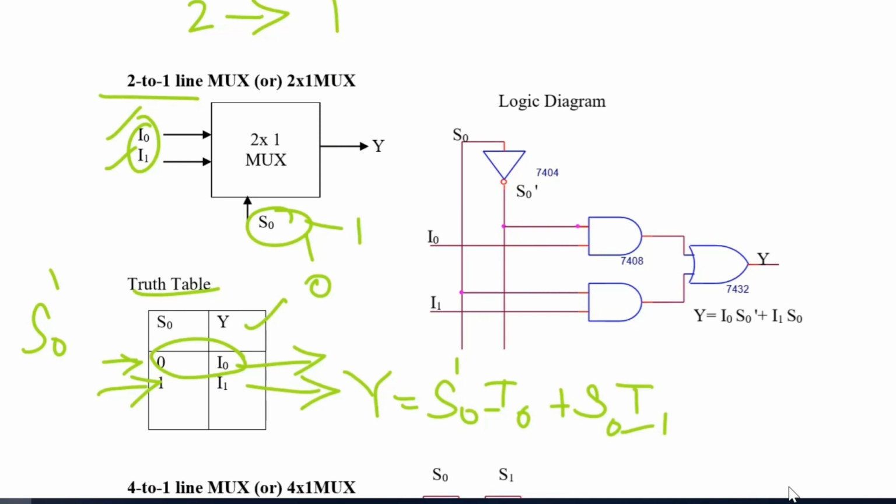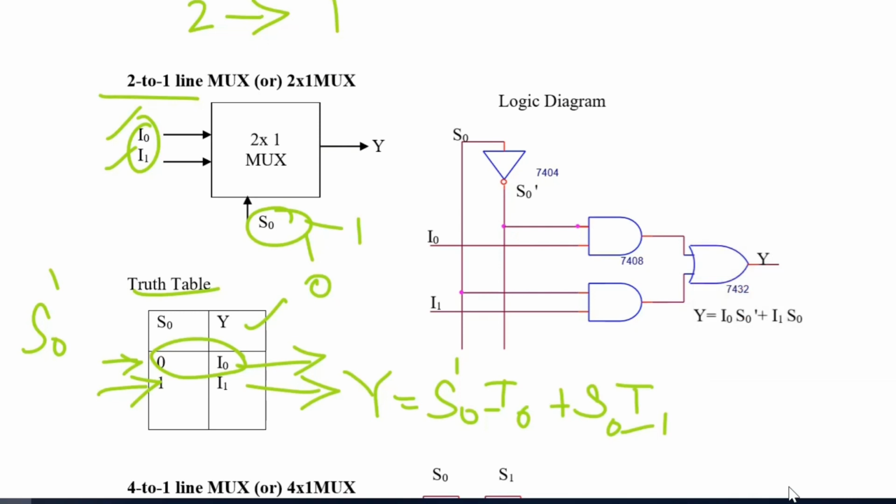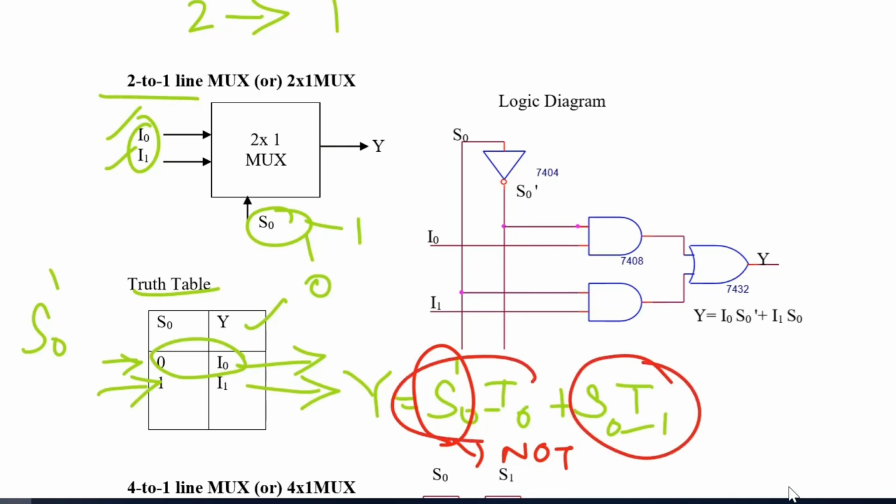We are going to express the same thing in a logic diagram. In the logic diagram, we have one inversion, so for S0 we need one NOT gate. Then one AND operation and another AND operation, so we need 2 AND gates.